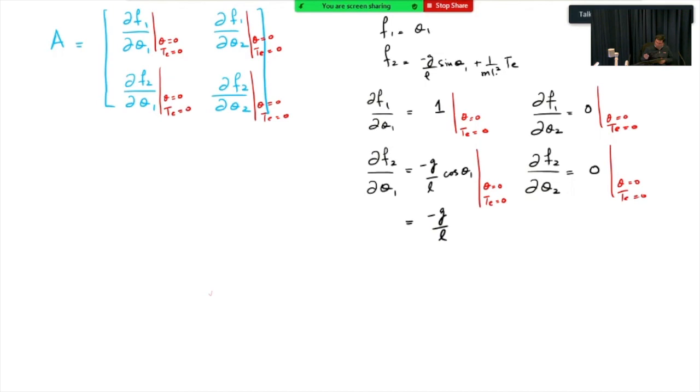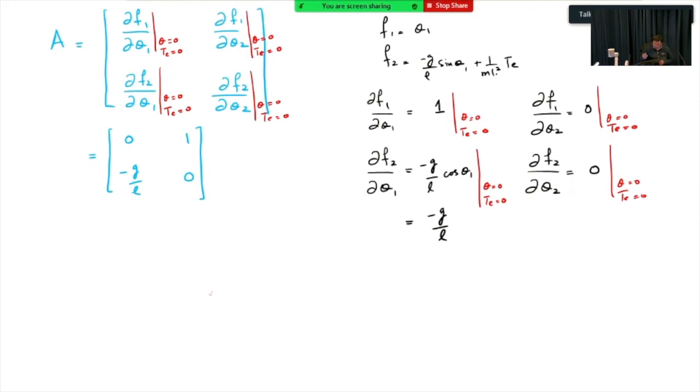Okay, so your matrix A here will be 0, 1, minus g over L and a 0 here.